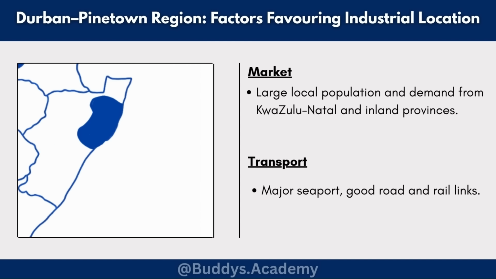Now when we're looking at your Durban Pinetown region, the factors favoring industrial location would firstly be your market. So again, there's going to be a large local population and your demand from your KwaZulu-Natal and inland provinces. Next would be transport. Remember, this area is going to have a major seaport, which is your Durban Harbour, right? There's going to be good road and rail links.